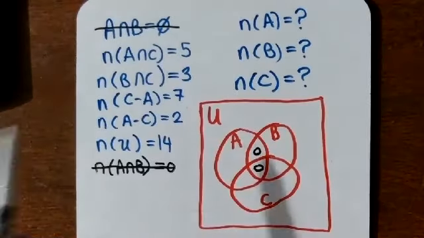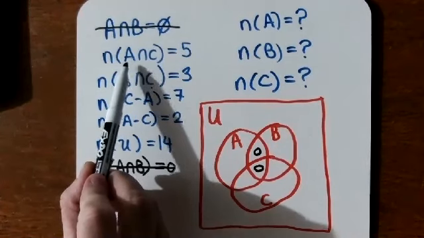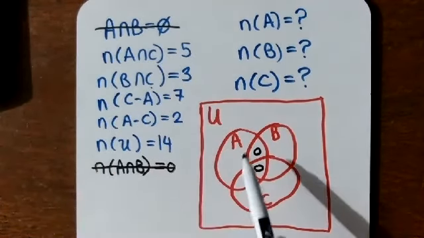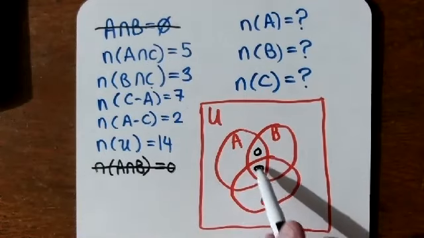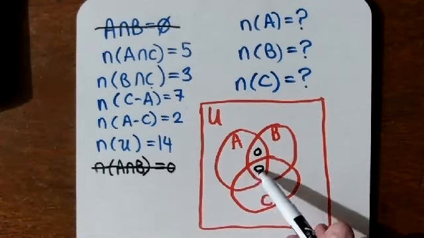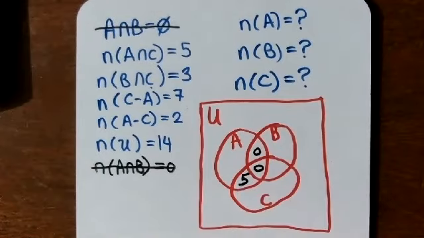Now we're given the information that the number of elements in the set A intersect C is 5. Well, A intersect C is the overlap of A and C. These two areas sum to 5, 0 of which is here, so the other 5 are here.